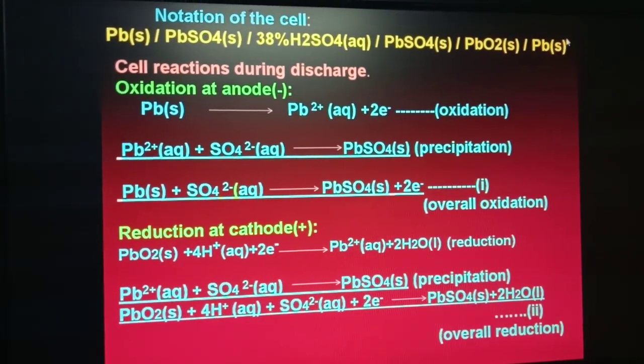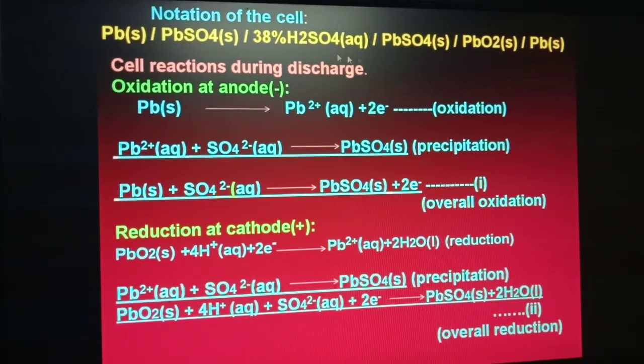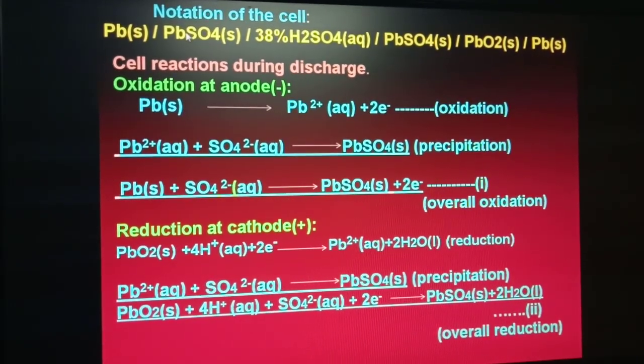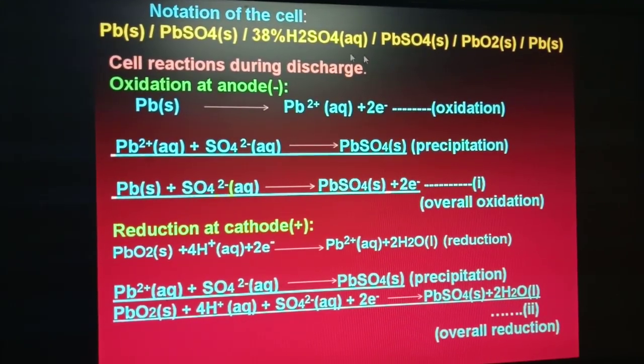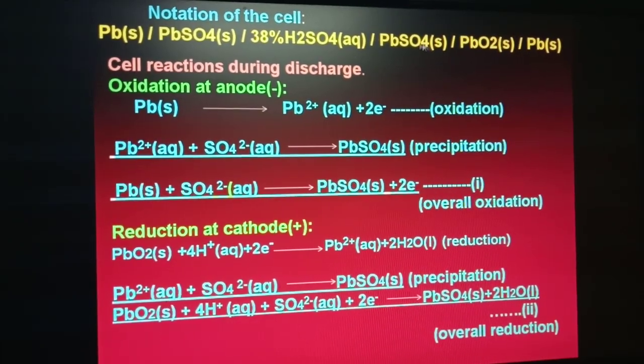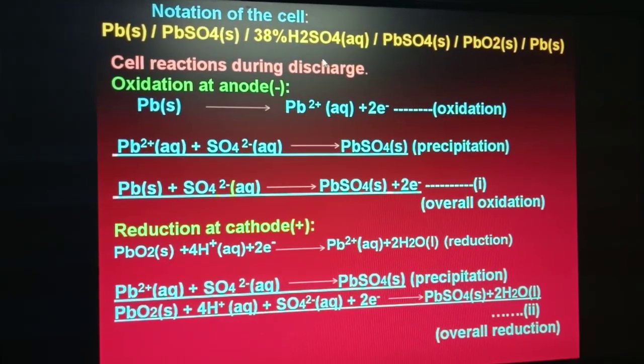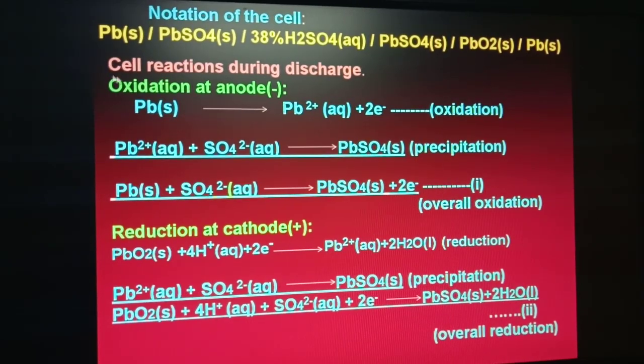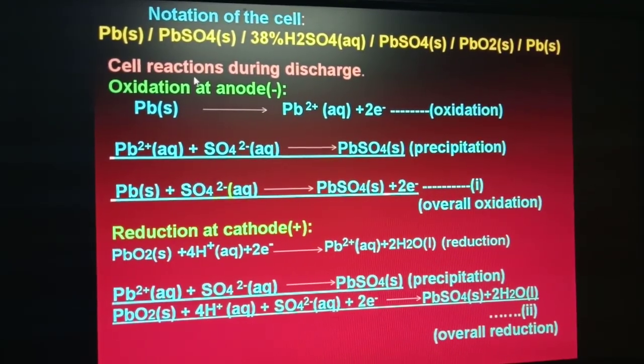It is placed at the right side. Now you must be wondering how this PbSO4 appears in this cell formula. To know that, let us see what reactions take place.